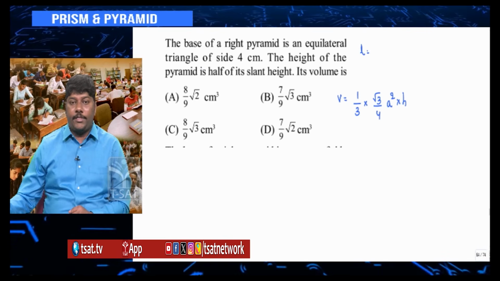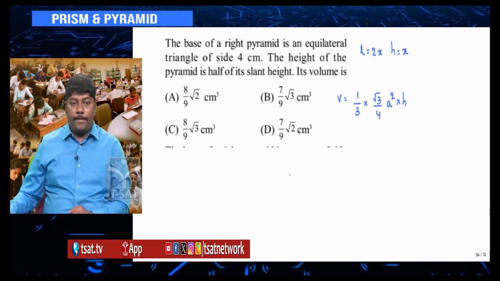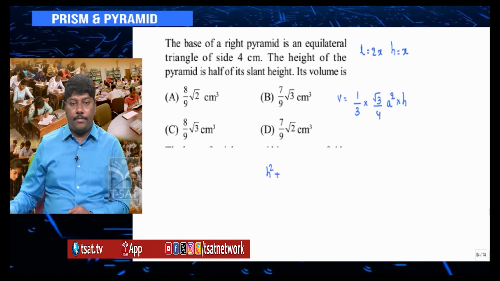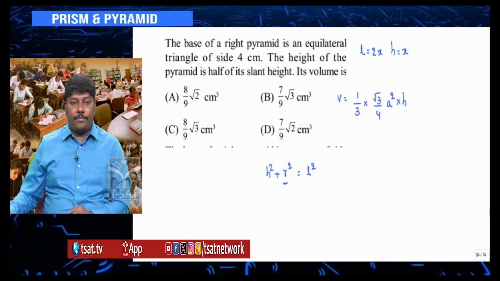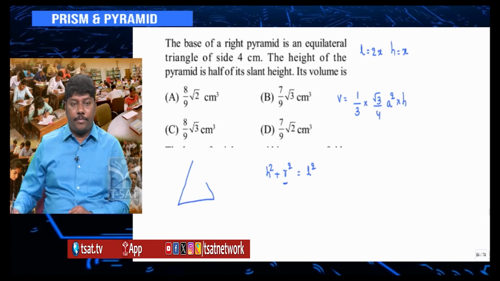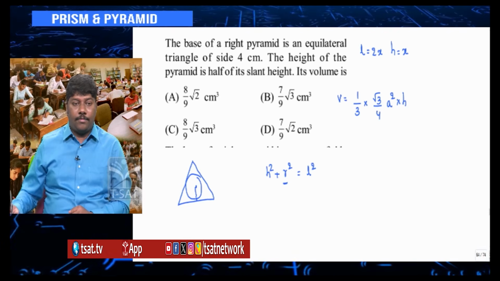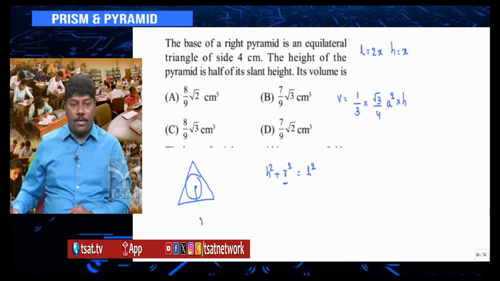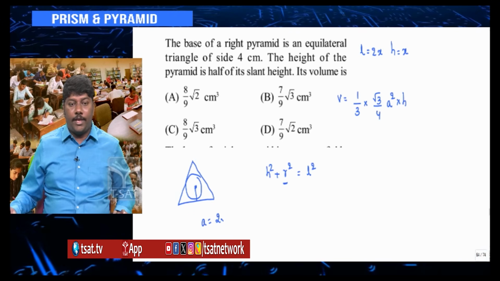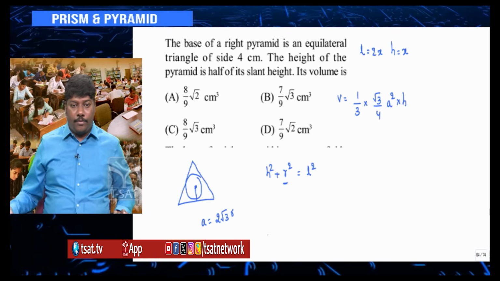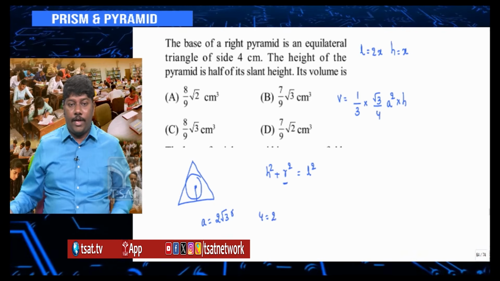Therefore, if the slant height is equal to 2x, the height is equal to x, and h square plus r square is equal to L square, where r is the inradius. In an equilateral triangle, the relation between the inradius and the side is a equals 2√3r. The triangle side is 4, so 4 is equal to 2√3r.